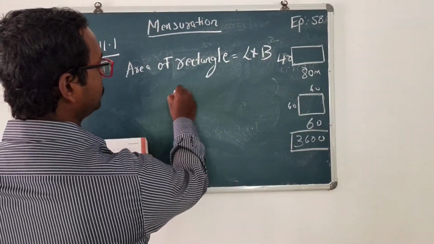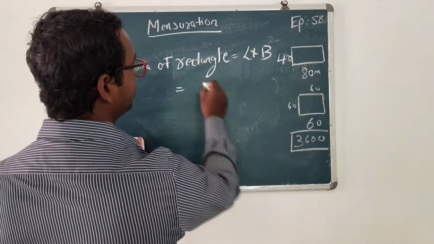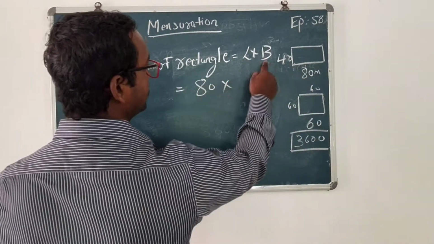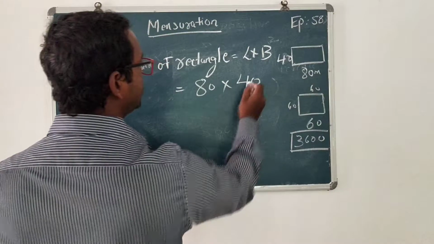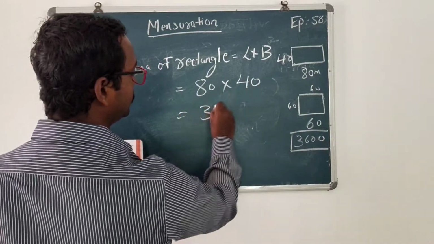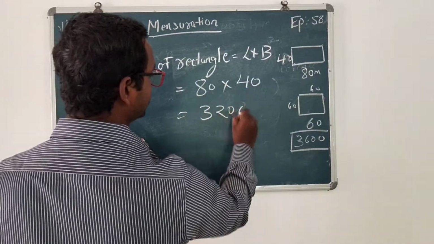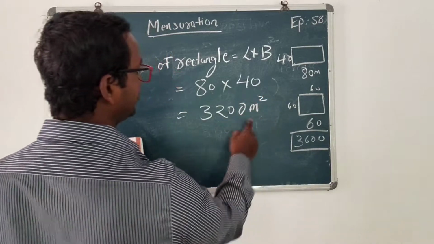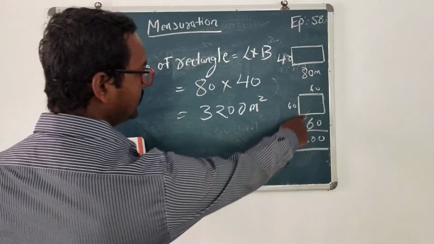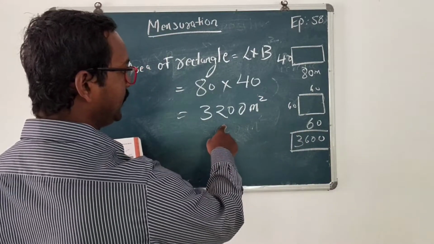Length is how much? Length is 80. Breadth is how much? 40. So this is 8 into 4, 32, and 2 zeros. So this is 3200 meter square. Area of rectangle is 3200.